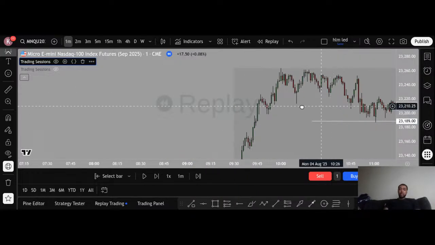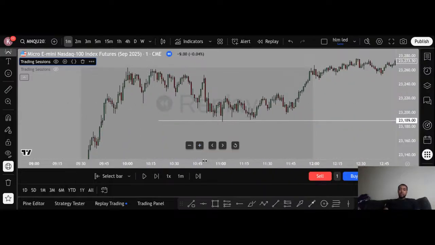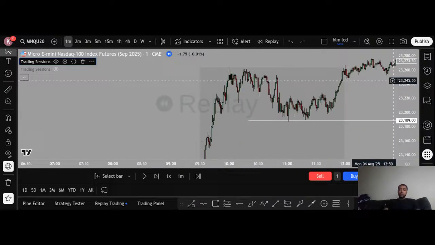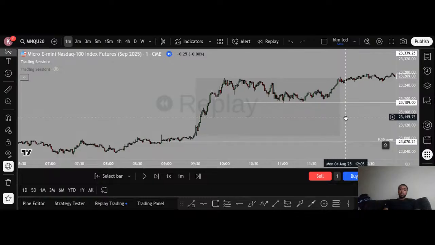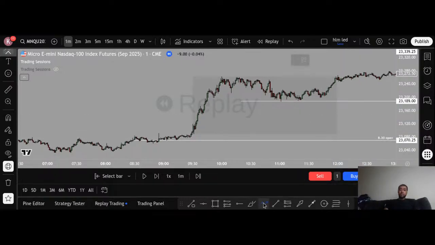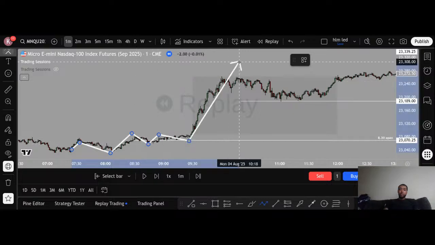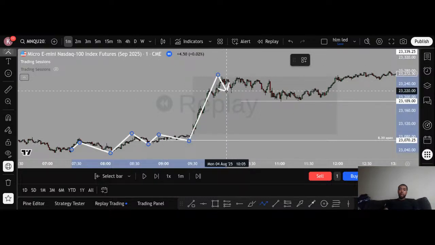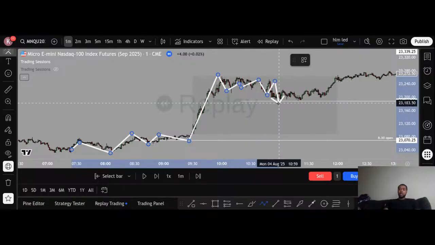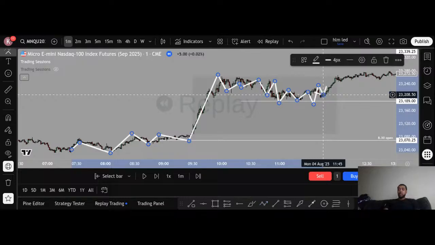So this day the market literally just opened and just took off. We got pre-market. Look at what it's doing. Accumulating. Market open. Boom. No pullback. Then it's just here. These are days where you just be patient and you just don't trade. And it's okay to not trade.